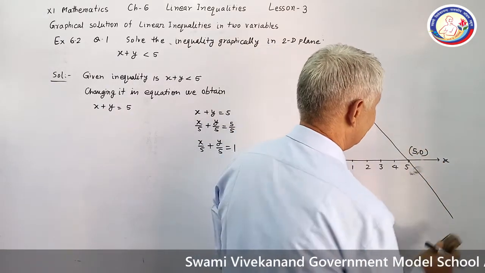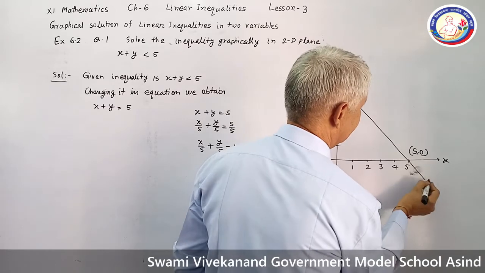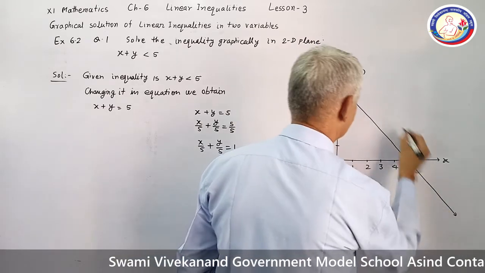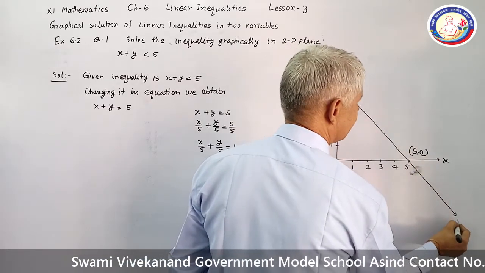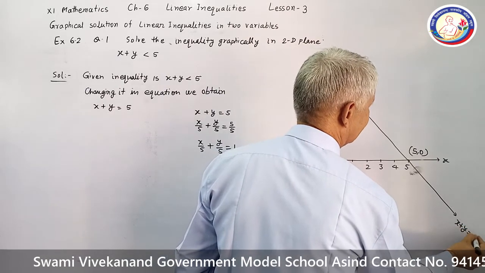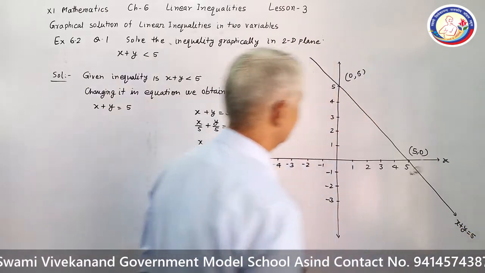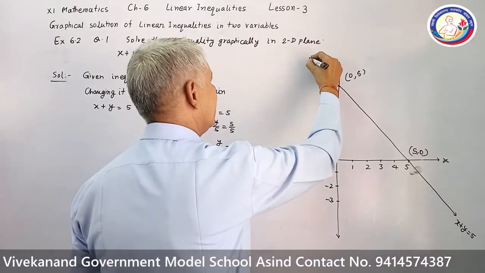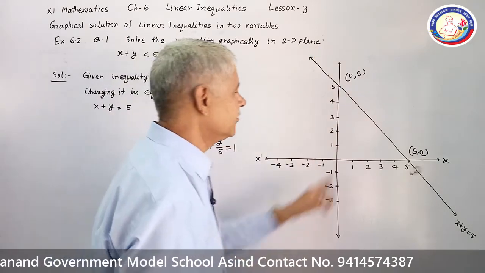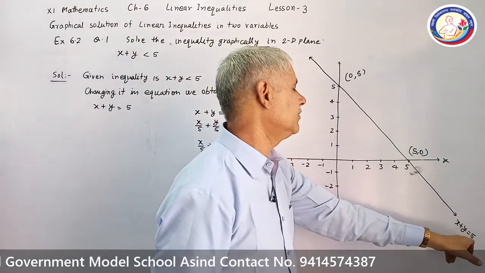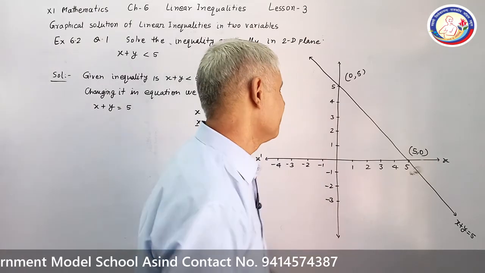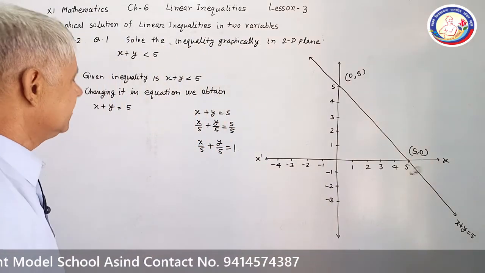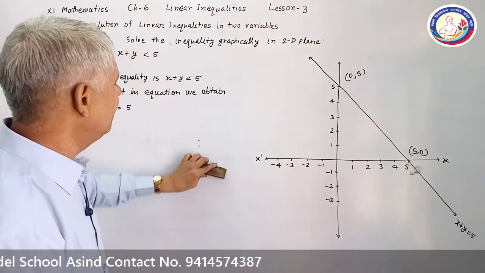This is the graph for line x plus y equal to 5. The coordinates of each point on this line will satisfy this equation. This is very simple.